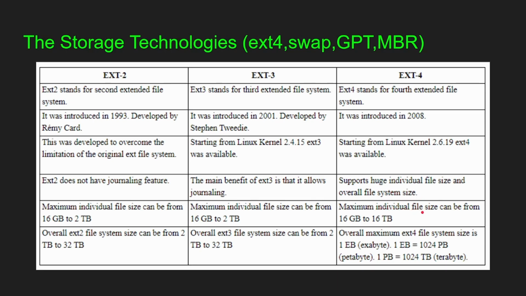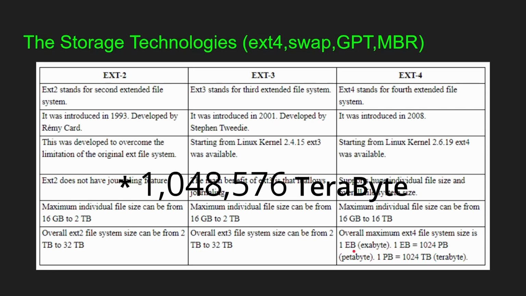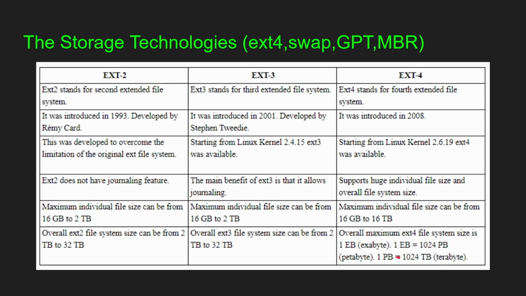Maximum individual file size can be from 16 GB to 16 TB. The overall maximum ext4 file system size is 1 exabyte. So that's the size of the partition, and the size of the file that we can save and manage in the system.